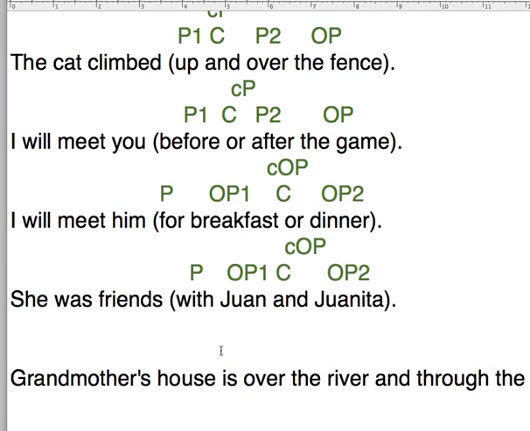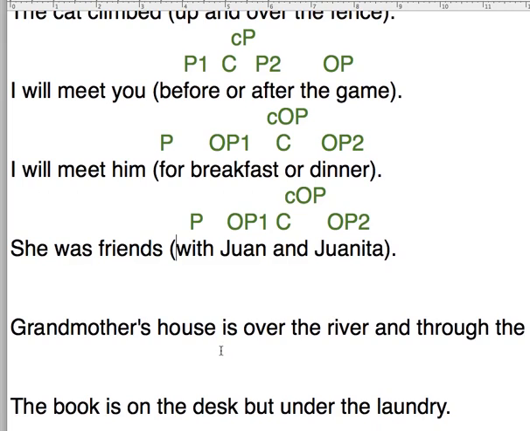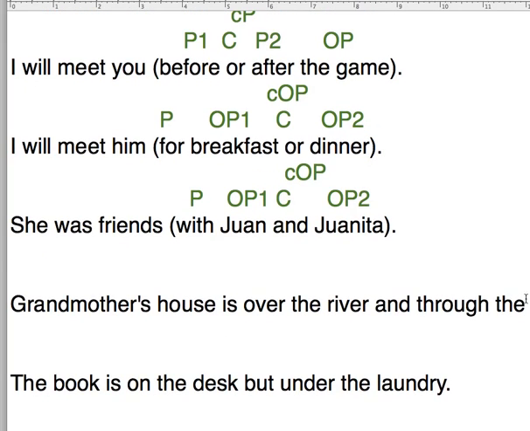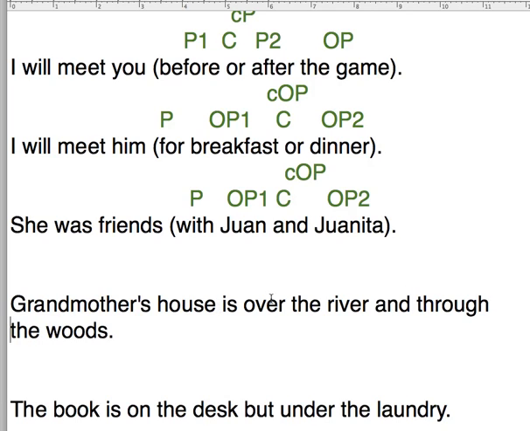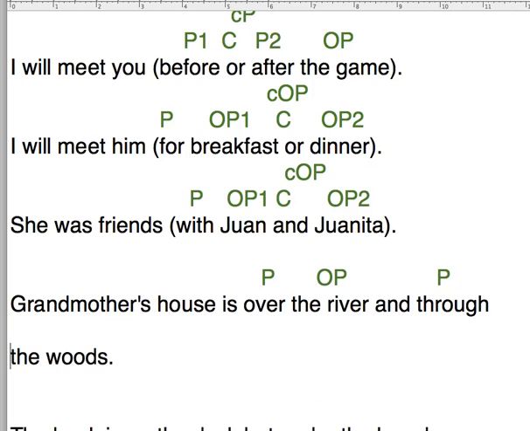Here's one that got cut off a little bit. Grandmother's house is over the river and through the woods. Over is a preposition. Over what? The river. Through is a preposition. Through what? The woods. So label that our OP. So we got P and OP. That's a prepositional phrase.